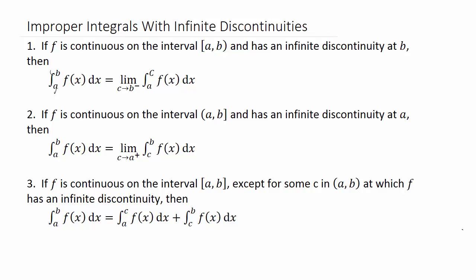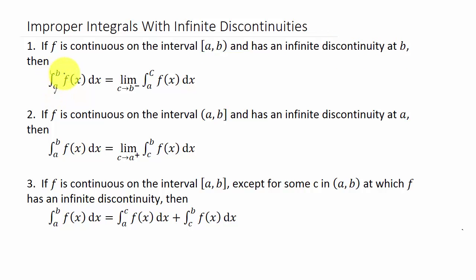Alright, so this is my seventh example on improper integrals, and this is improper integrals with infinite discontinuities. So f is continuous on the interval [a, b), and notice we're not including b, but it has an infinite discontinuity at b.